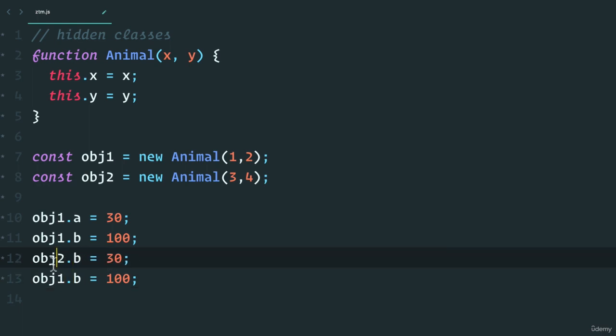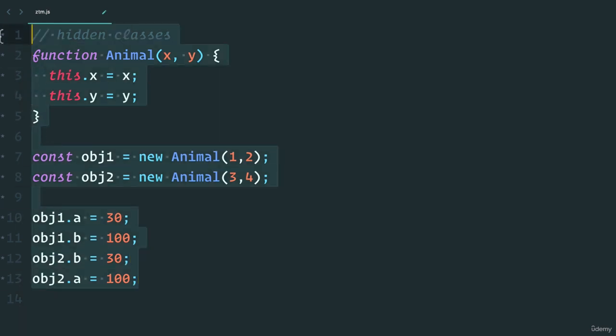That is, I add the B property and then the A property to object 2. Hopefully that's not too confusing. That code is actually going to make the compiler run slower or de-optimize the code. And that is something called hidden classes.